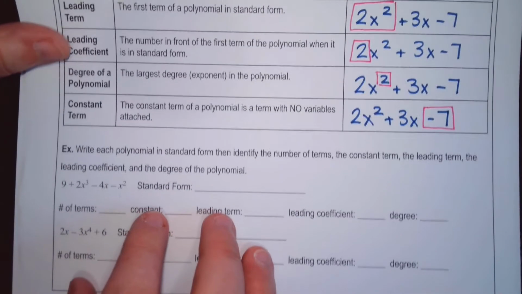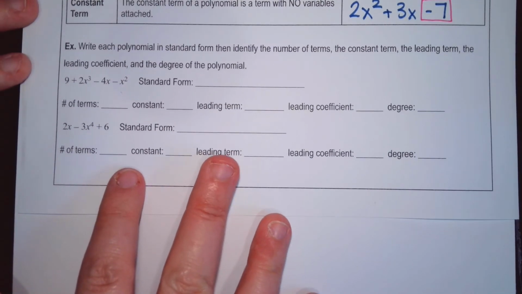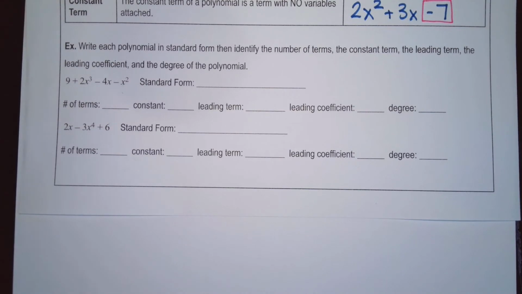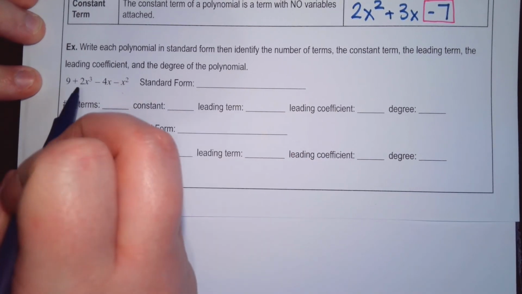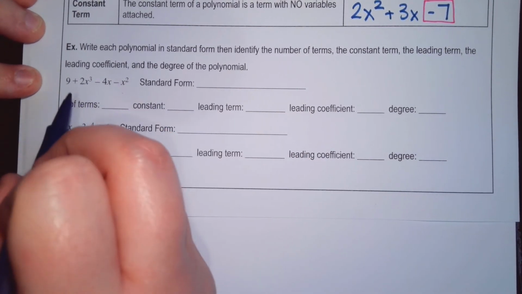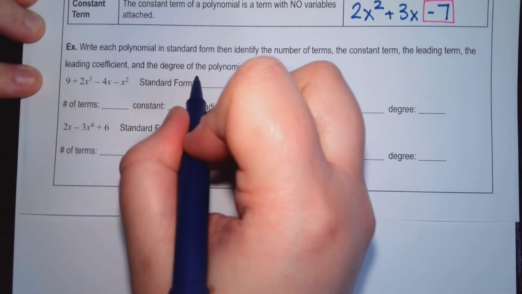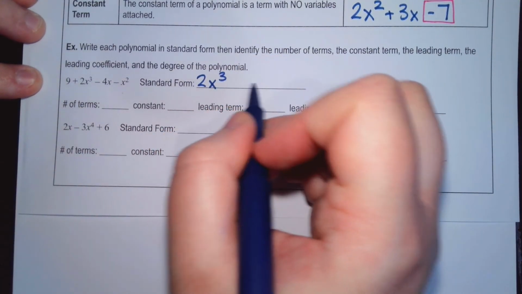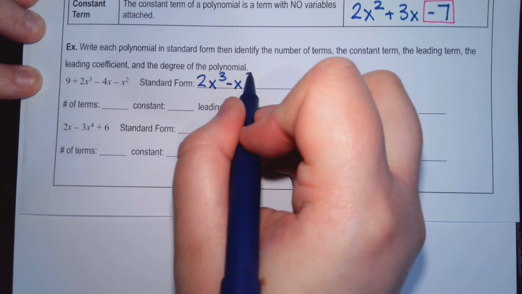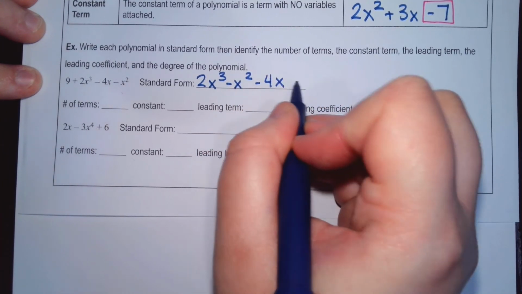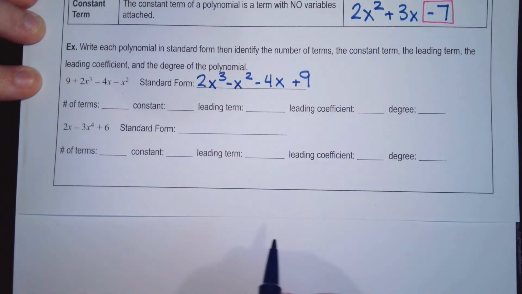Our examples are, we want to write each polynomial in standard form, then identify the number of terms, the constant term, the leading coefficient, and the degree of the polynomial. We always start by putting it into standard form. So we want the term that has the largest exponent, which is 2x cubed. And then we just go in order: negative x squared minus 4x plus 9.